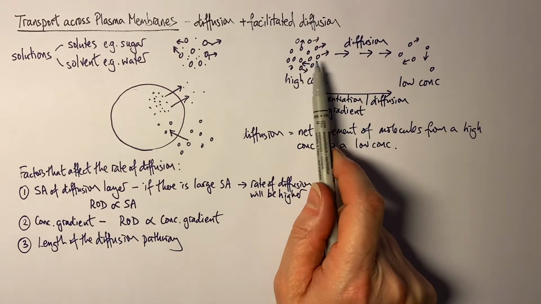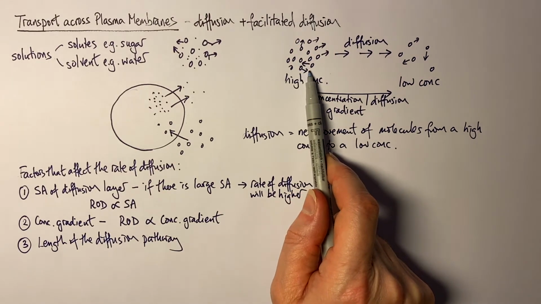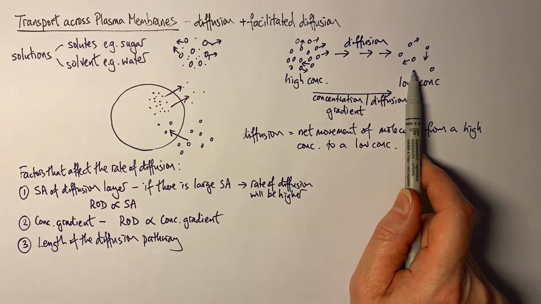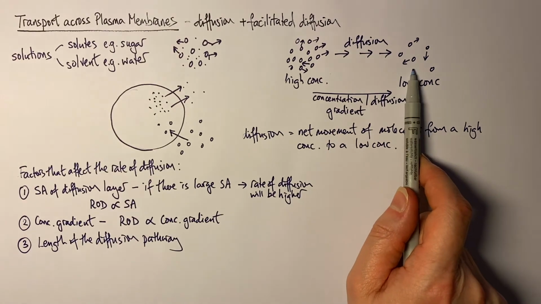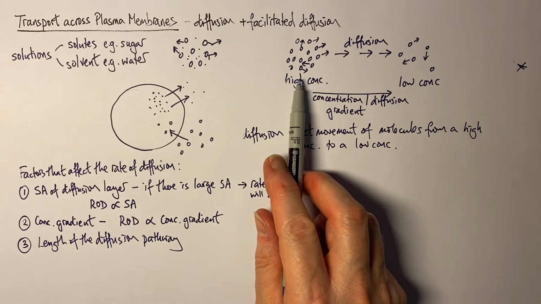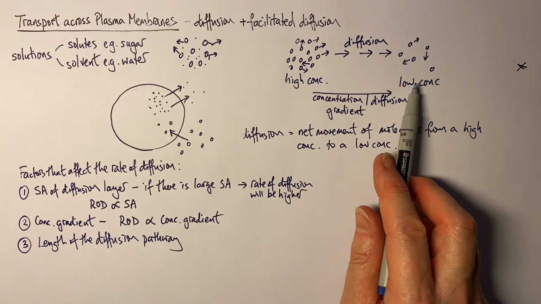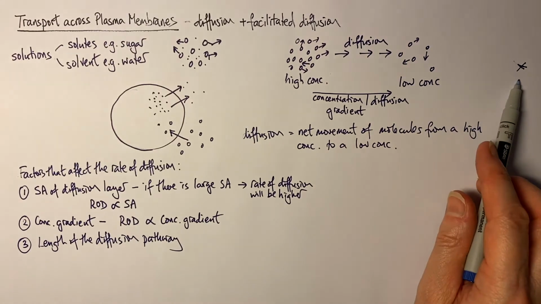So if we had these molecules here and we timed how long it would take them to get to here, and then we timed how long it would take them to get to right over here, of course, it would be faster, it would take less time for them to get to here than there.